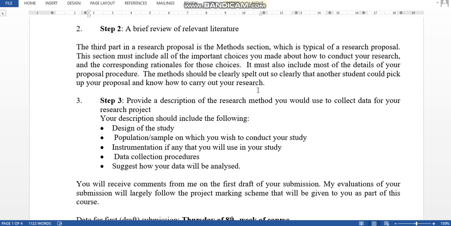In other words, all this additional information from literature should either support your proposal or even may oppose your intended findings. Never mind, that is what other people have done.